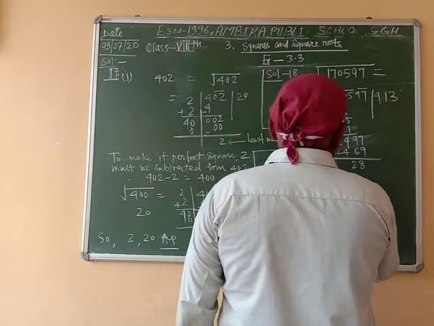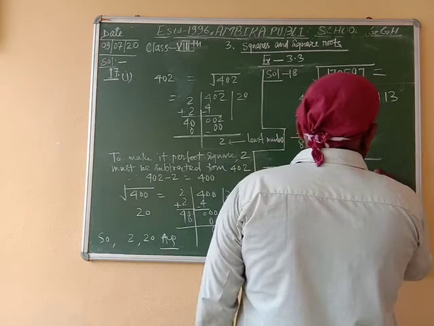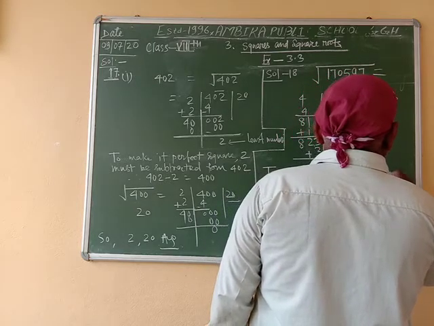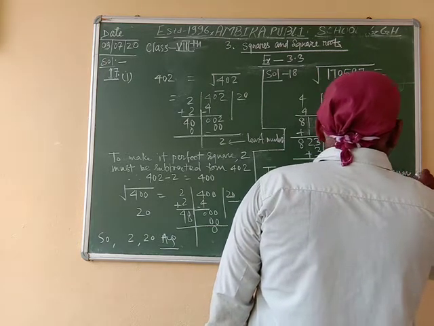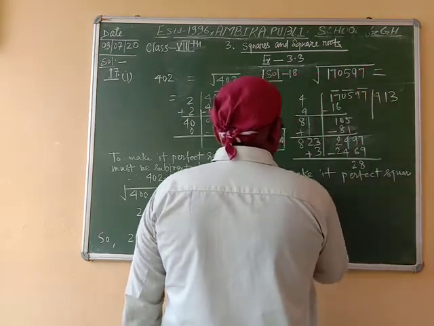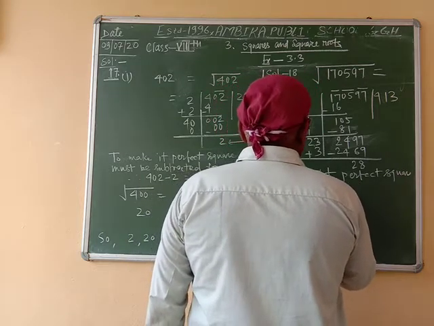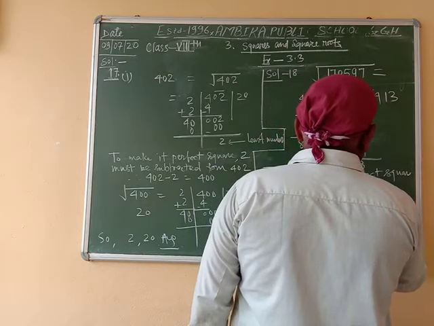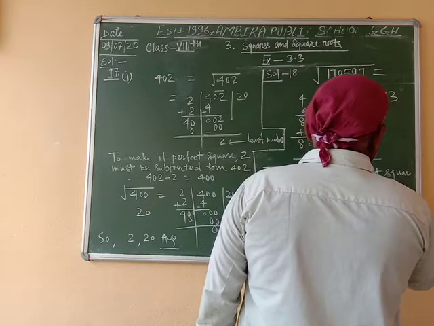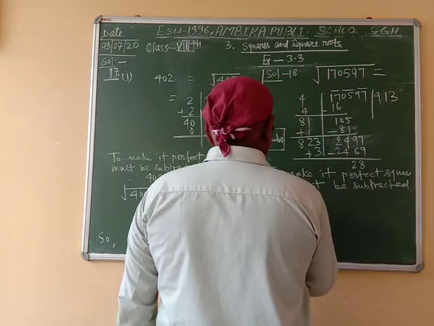To make it a perfect square, 28 must be subtracted from the given number.